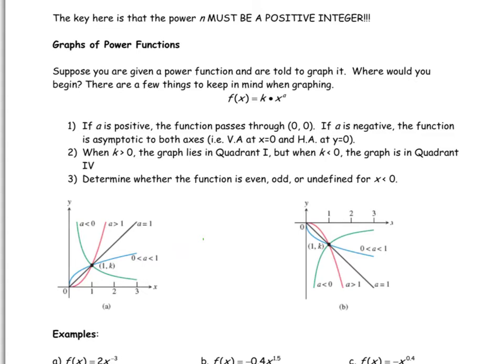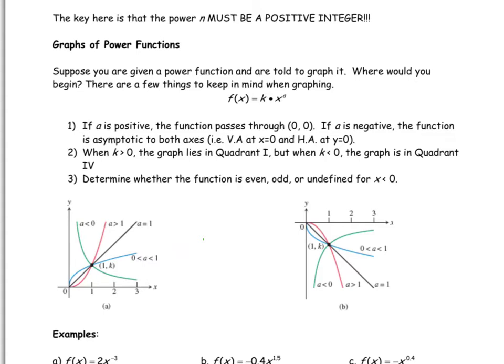Your power function is going to look like the right side of a quadratic or cubic or whatever it is. It looks very similar to quadratic. If your a value is less than 1 but greater than 0, if it's a half, 2/3, 1/5, so if your exponent is a fraction, it's going to look like that of the square root parent function.